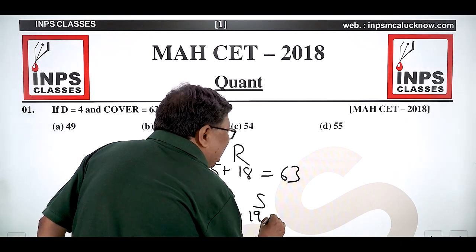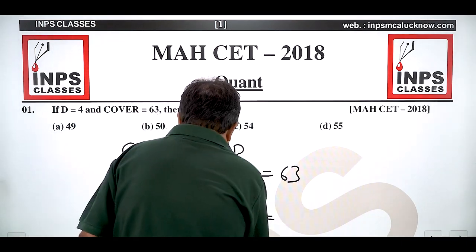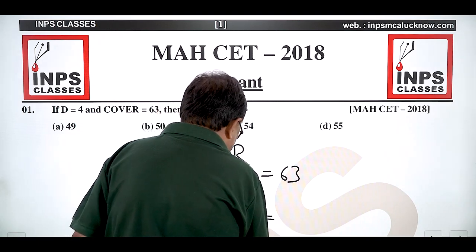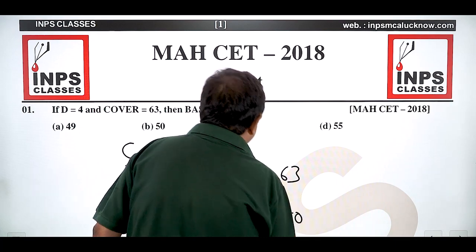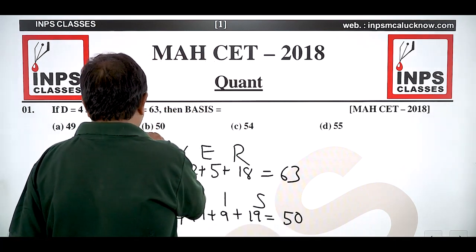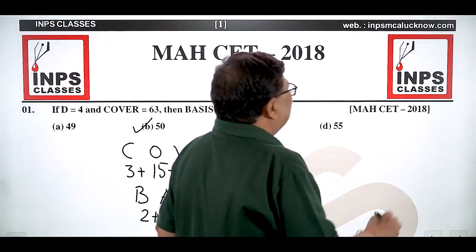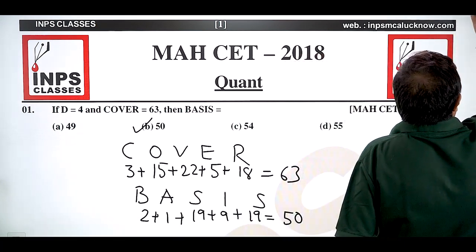So this total comes to 2 plus 1 plus 19 plus 9 plus 19, that gives me 50. So the answer here should be B, 50. Moving on to the next question.